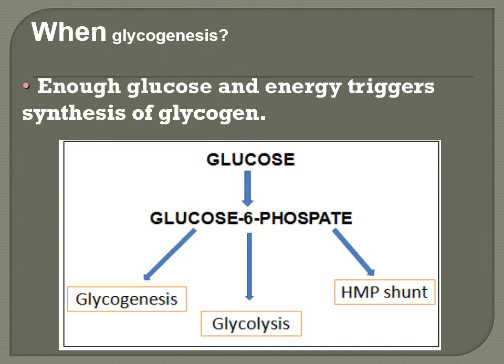And this glucose 6-phosphate which is formed, depending on the need of the cell, can either enter glycolysis or the HMP shunt, or when excess glucose and ATP are available, it is stimulated for storage via glycogenesis, or by synthesizing glycogen.